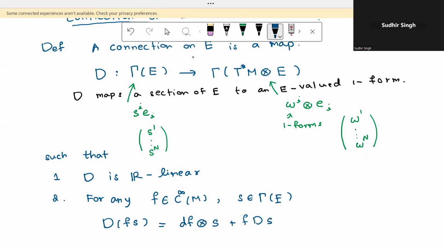A map with this property is called a connection on E.